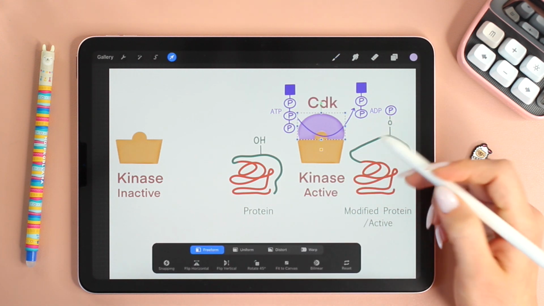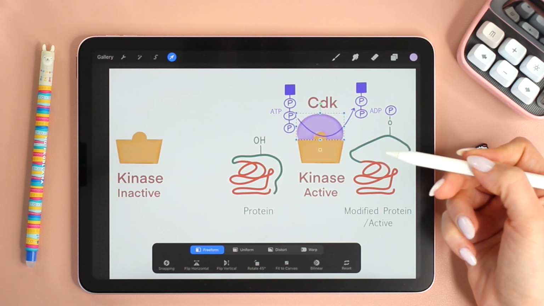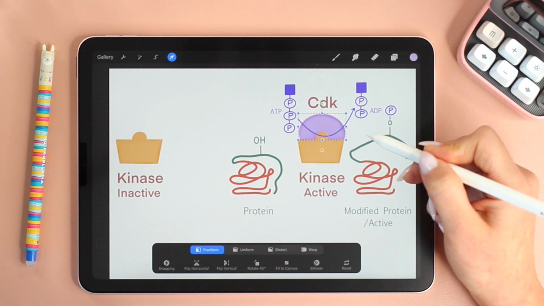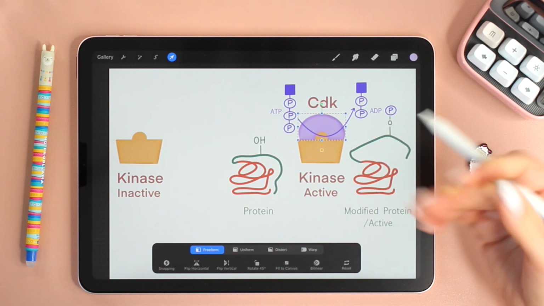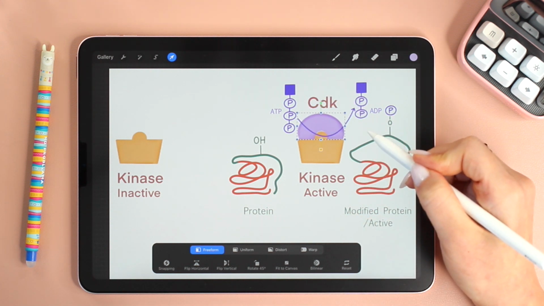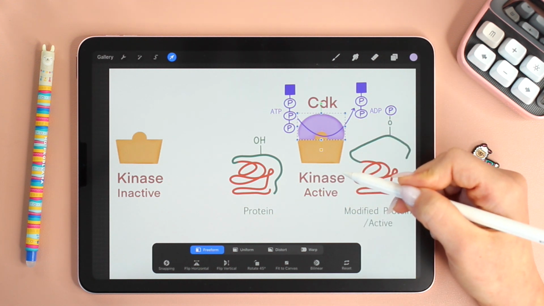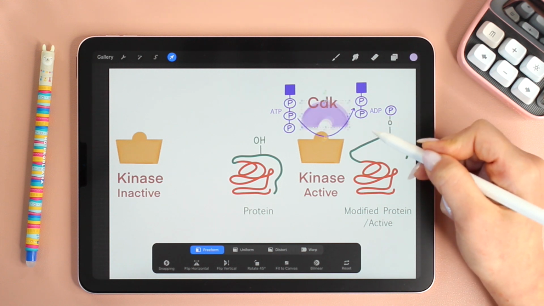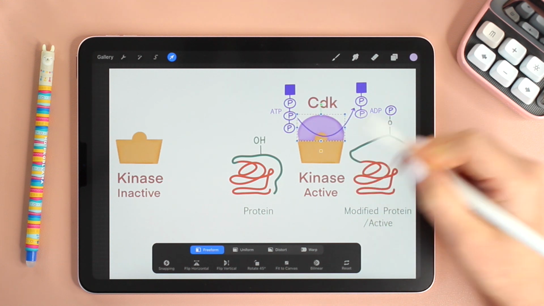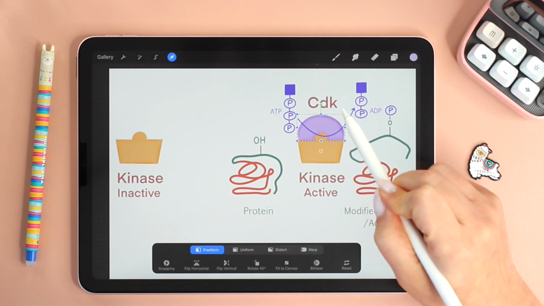Here comes the role of the cyclin. Cyclins are proteins, the levels of which fluctuate within the cell and hence the name. Now, when a cyclin binds to the kinase, it activates it. And together, the cyclin and the kinase form what we call Cdks, or cyclin-dependent kinases.